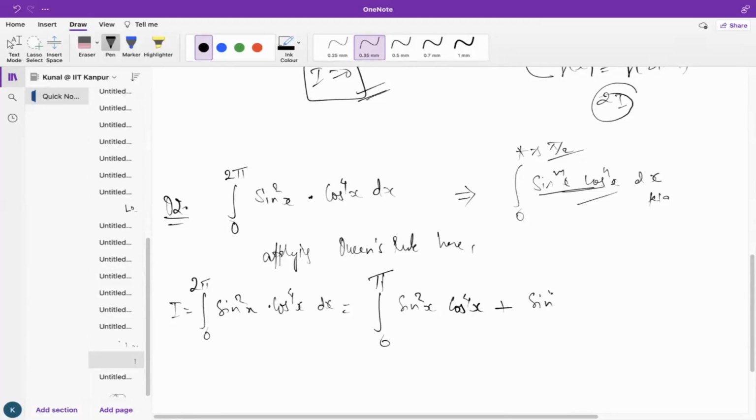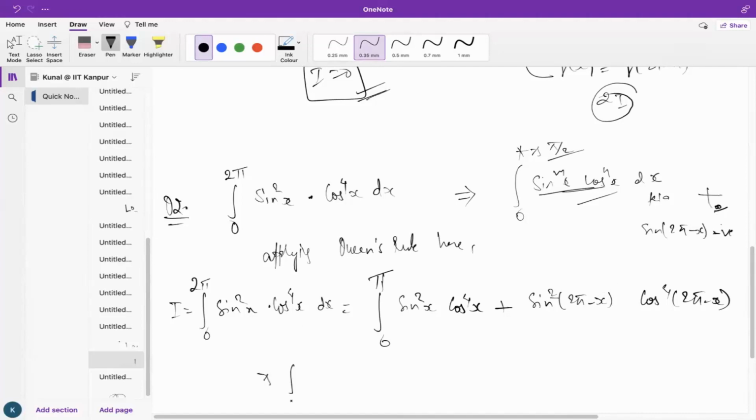So it will be sine square (2 pi minus x) cos to the power 4 (2 pi minus x). Sine of 2 pi minus x is negative, because it lies in this quadrant, and in this quadrant the sine value is negative, but the square makes it positive.